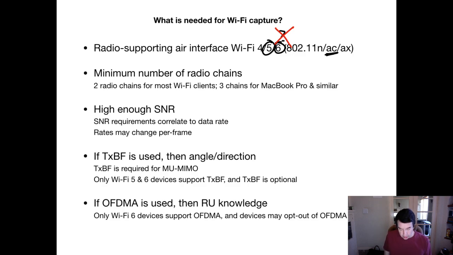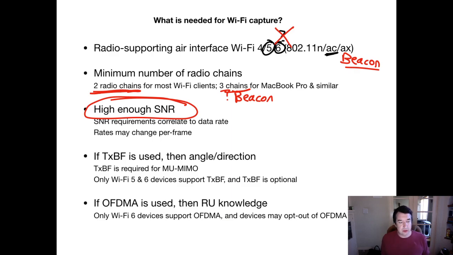The reason could have been that I have a 2 radio chain device. Maybe there was a 3 radio chain client device that was connected to that access point. That certainly is a possibility. Again, I can look inside the beacon to see if 802.11ax is used. I can look inside the beacon to see how many radio chains are used if I'm worried about one of those things. But realistically, what was probably happening was just the SNR was too low.